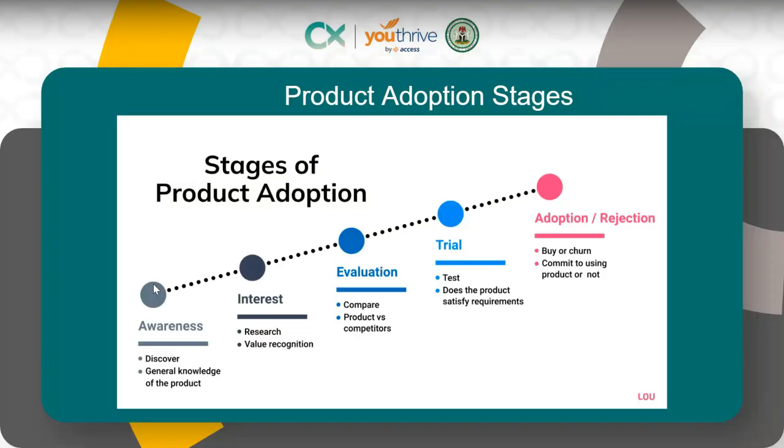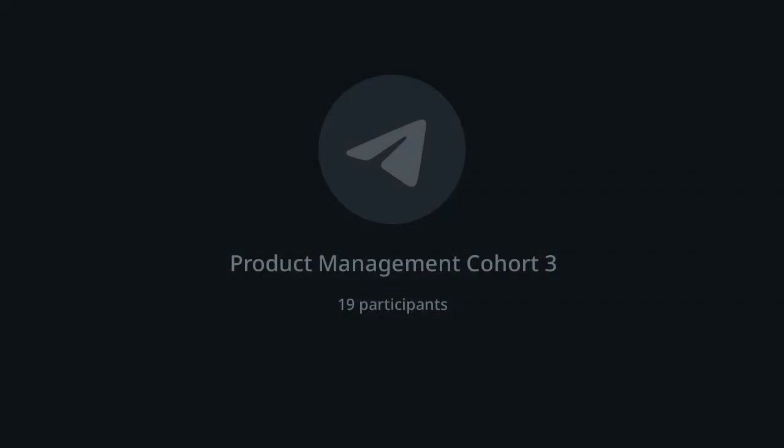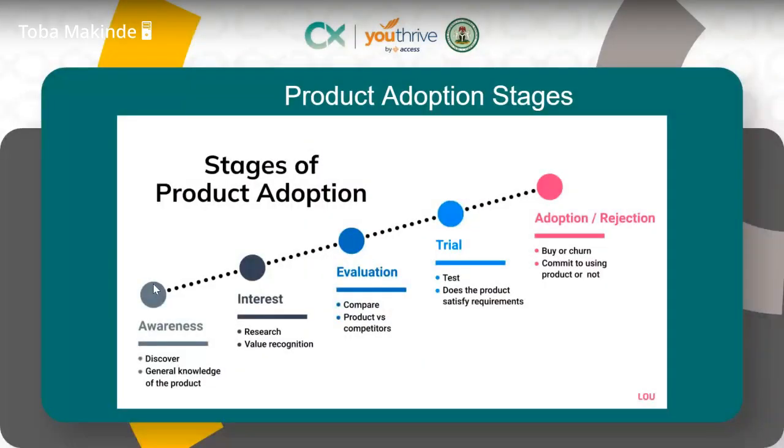So that's a trial, to the point where, if the product satisfies your requirements, you'd be like, well, everything checks out in this product. I like how it helps me reach my outcome and things like that. And if it meets your requirements, then you buy it or you subscribe to it fully. And if it doesn't, you churn, you reject the product.